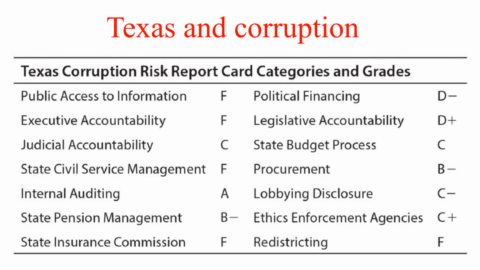For instance, public access to information, the state of Texas gets an F. Executive accountability, F. Judicial accountability, C. State civil service management, F. Internal auditing is good, A. And some other areas, for example, redistricting is important here, gets an F as well.